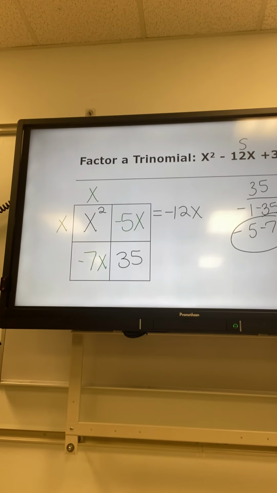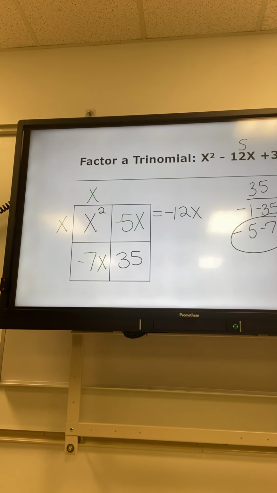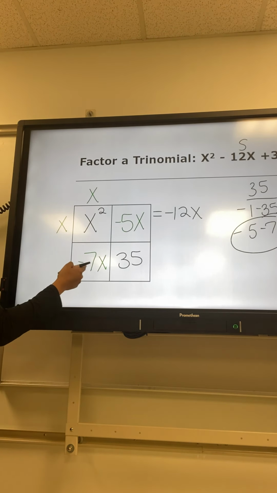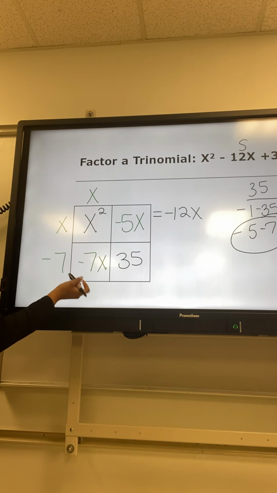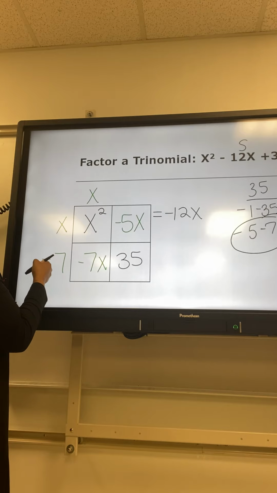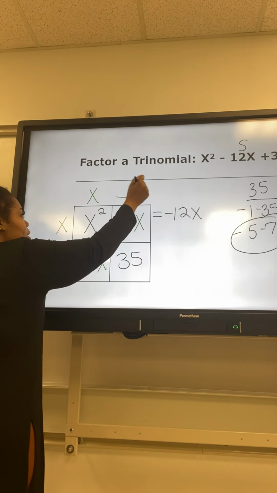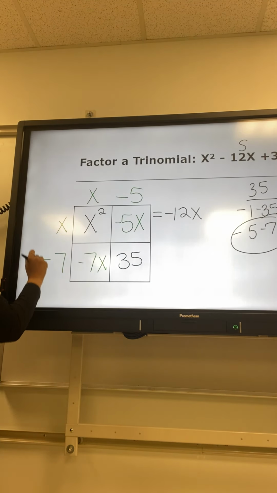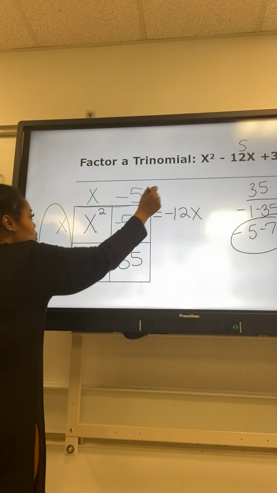And then we just kind of want to intuitively figure out the rest of it. So here, if I have a negative 7x, that means x times negative 7. And then here in this last box, in order to get 35, we have to have negative 7 times negative 5.